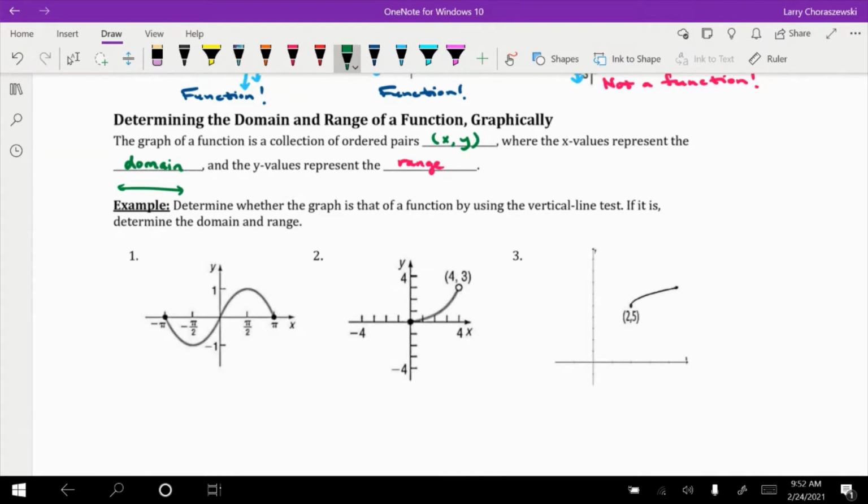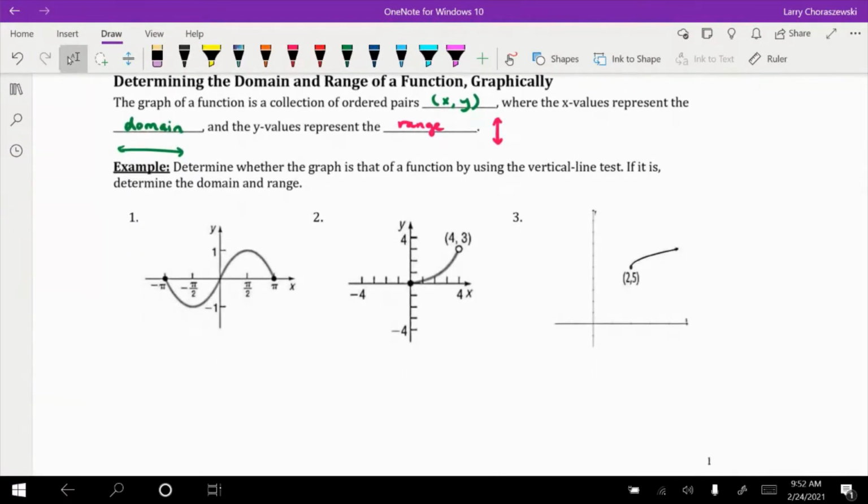So we want to think horizontally when trying to find domain, whereas with range, we want to think vertically. Hopefully that makes sense, because domain consists of x values, and it's the x-axis that's the horizontal axis. And so we're going to get our domain from the x-axis. As for the range, we'll get it from our y-axis.